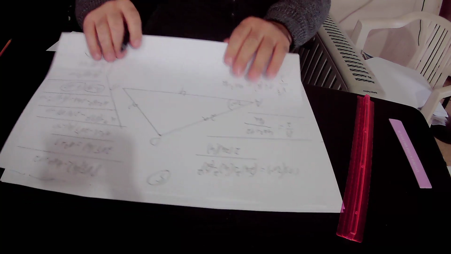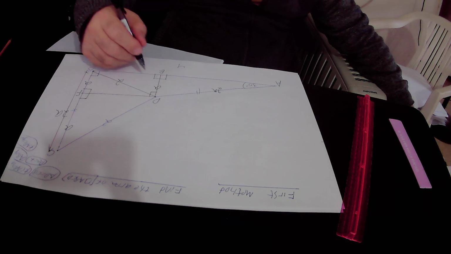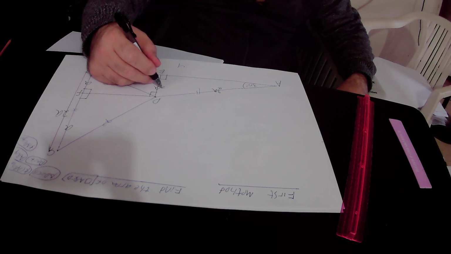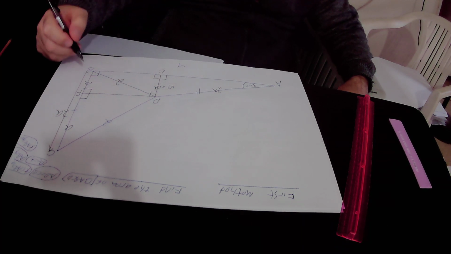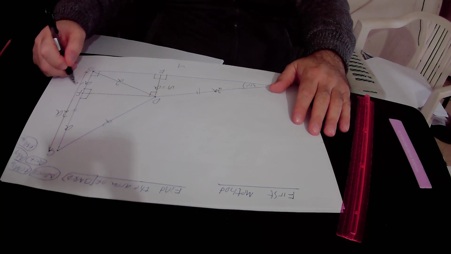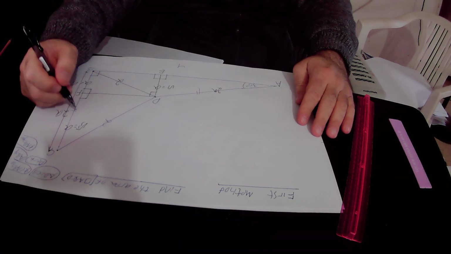So we found out that a equals square root of 3 units. So we can write here that a equals square root of 3 units. Here also a equals square root of 3 units, and here also a equals square root of 3 units.